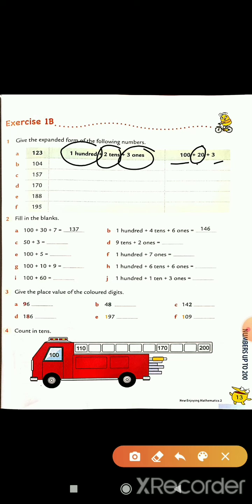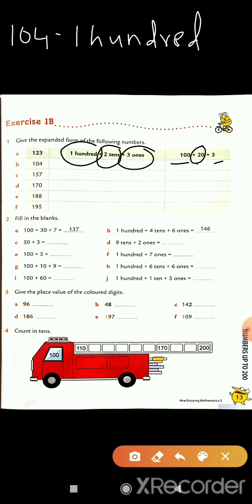Now in the same way we have to write the expanded form of all the numbers given below. B is the number 104. How can it be written as expanded form? 100, because in the place of 100 it is 1, plus what is in the place of tens? 0.